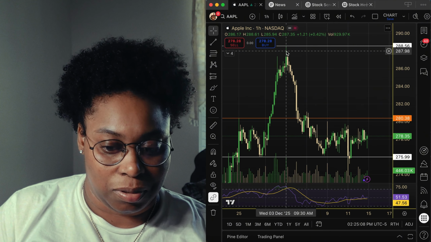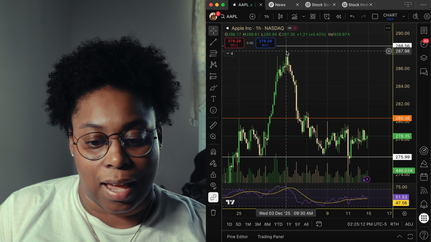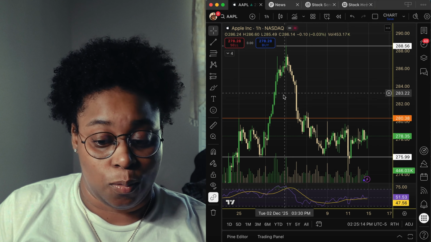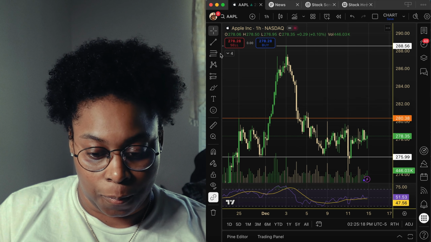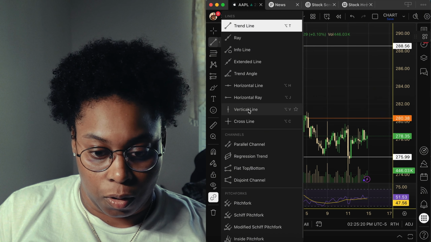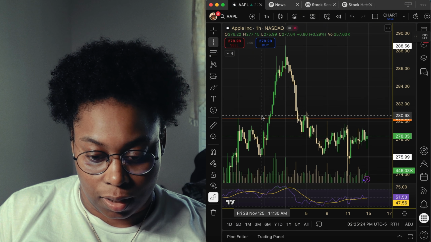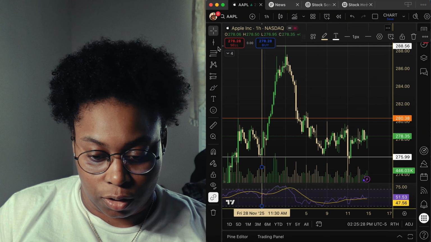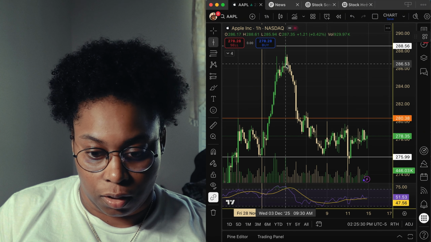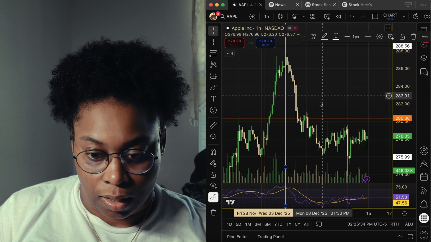Got some rejection, pushed back down, but then we hit this highest point at 288.70. Okay, and what do you notice about this little run up here? We're going to get a vertical line starting right around when it hit that 275, and put another vertical line right here when it hit that highest point.